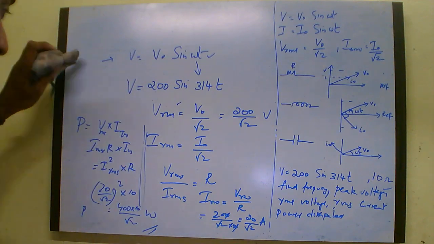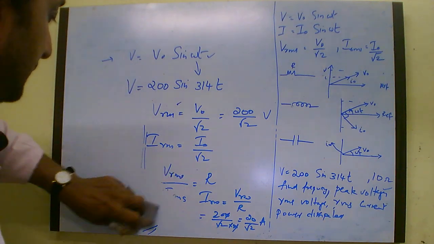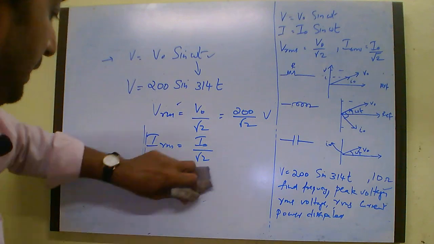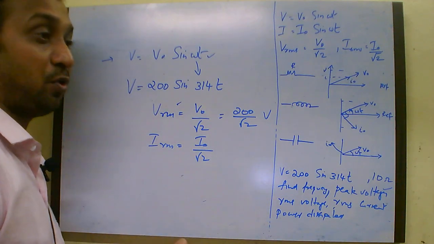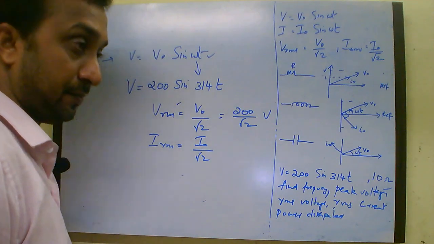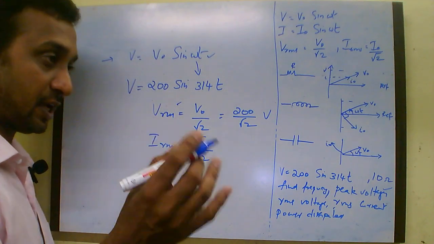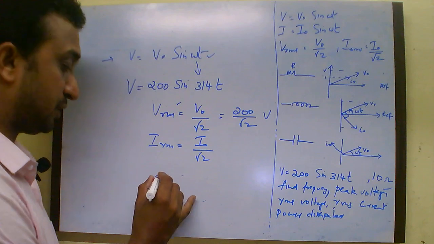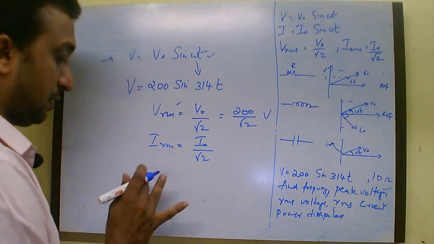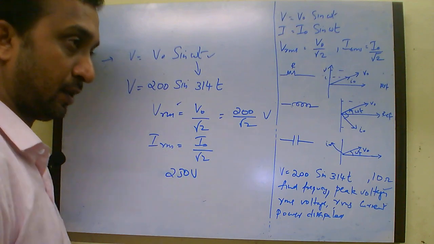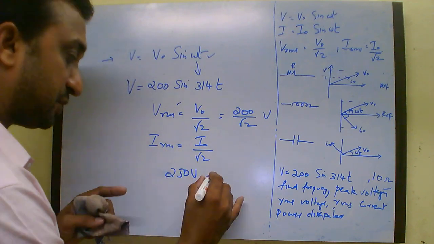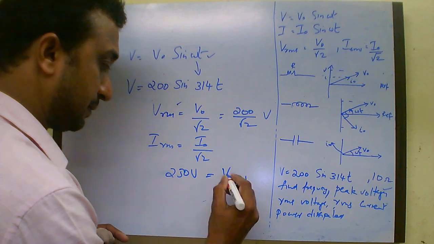Now another question related to this RMS is normally they will ask why this AC voltage or AC current is more dangerous than the DC, a commonly seen question. That is because, see, whenever we say the domestic voltage supply is some 230 volt or 220 volt, we actually mean it as VRMS.